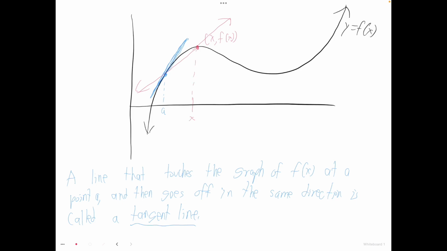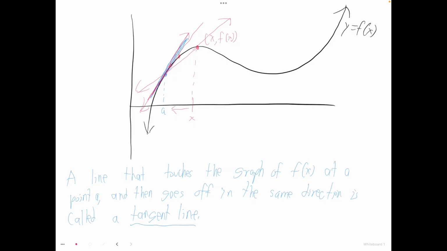We make this value of x go towards our value of A, and as we do this, the lines that we get will get closer and closer to our tangent line. And so this is our idea of what we're doing.